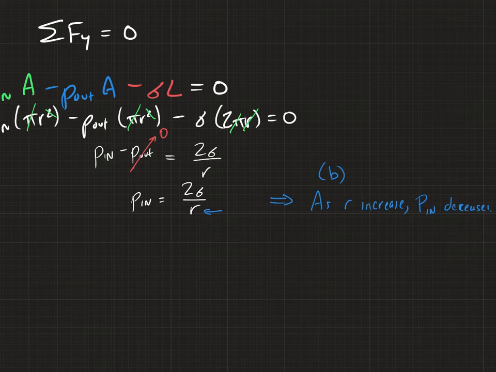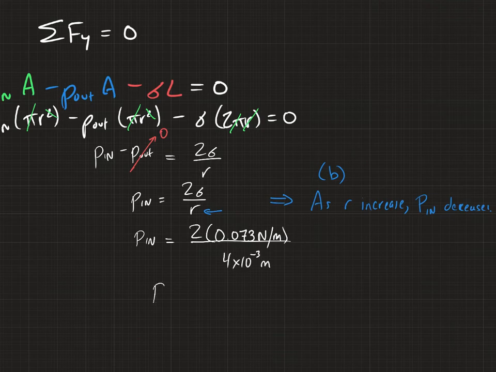For part A, we need to just plug some numbers in. So P in equals 2 sigma. Now you have to look up the sigma off the internet, or really your textbook has this. But this is a pretty standard value. And then we'll divide by r. R is 4 times 10 to the minus third meters.